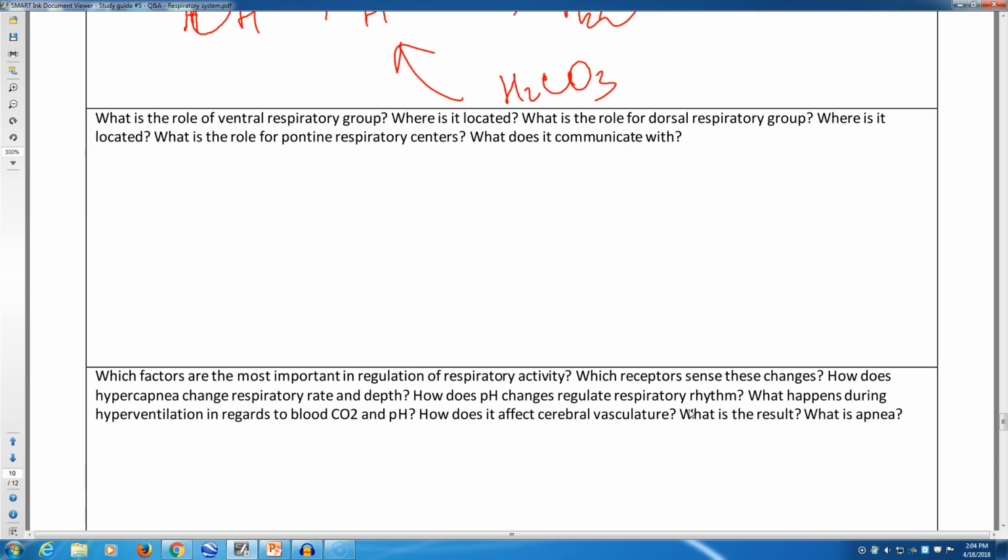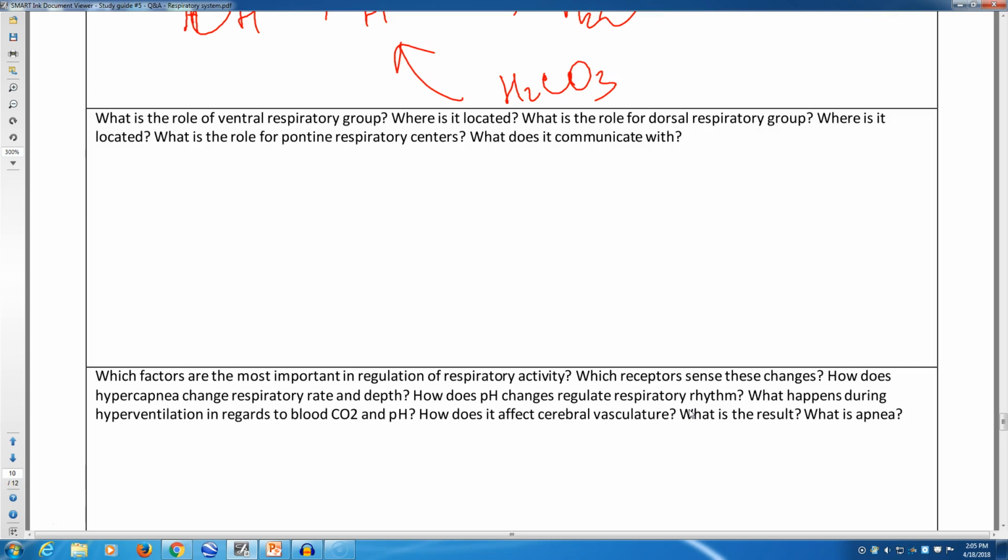Second place is taken by pH. If we say a lot of lactic acid, we'll still breathe harder. And the third place is oxygen. Why is oxygen not that critical? Venous reserve. That makes sense.